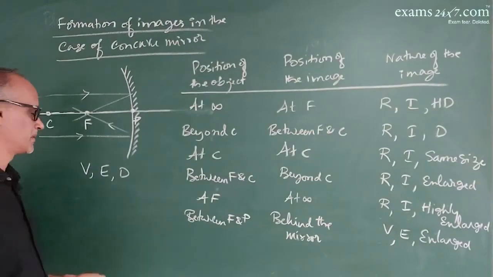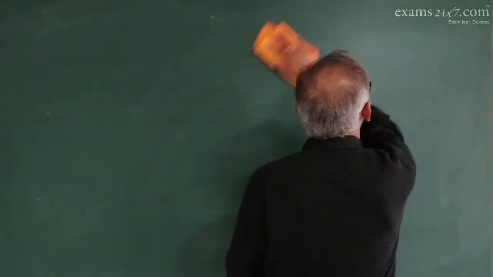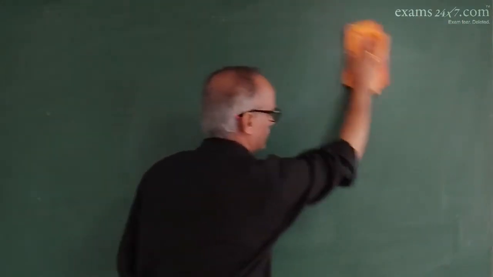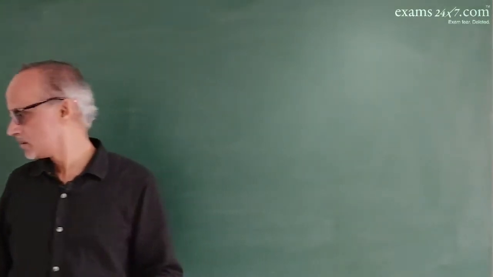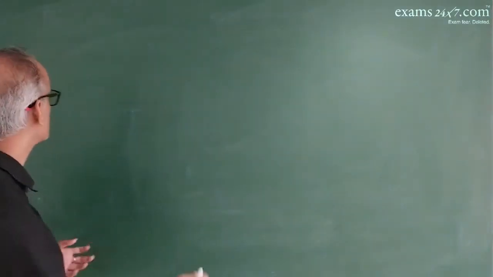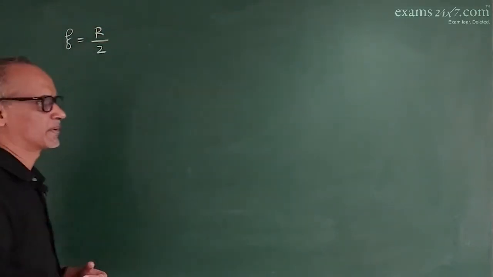The distance between the principal focus and pole of a mirror is called the focal length. So on what factor does the focal length of a spherical mirror depend? It depends only on one factor, which is the radius of curvature, that is F is equal to R by 2.